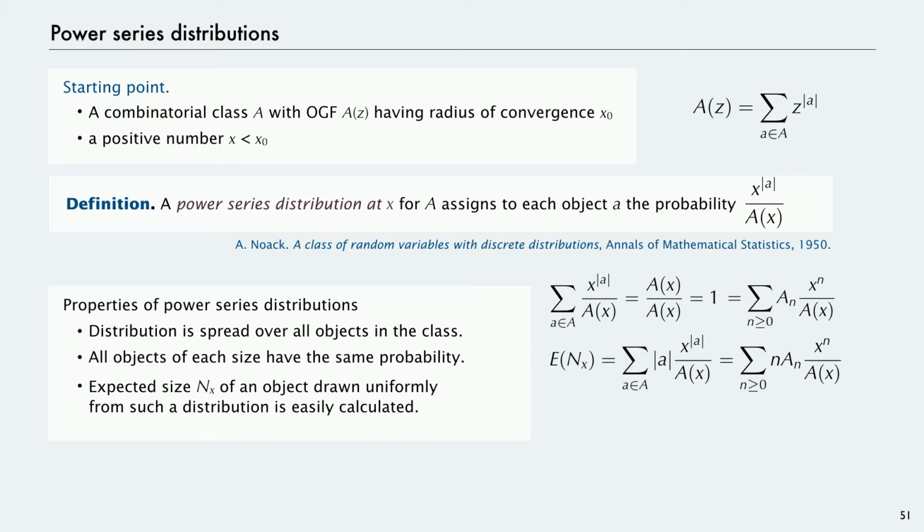And so that's another way of writing the generating function. And it's pretty easy to calculate the expected size of an object drawn uniformly from the whole distribution.